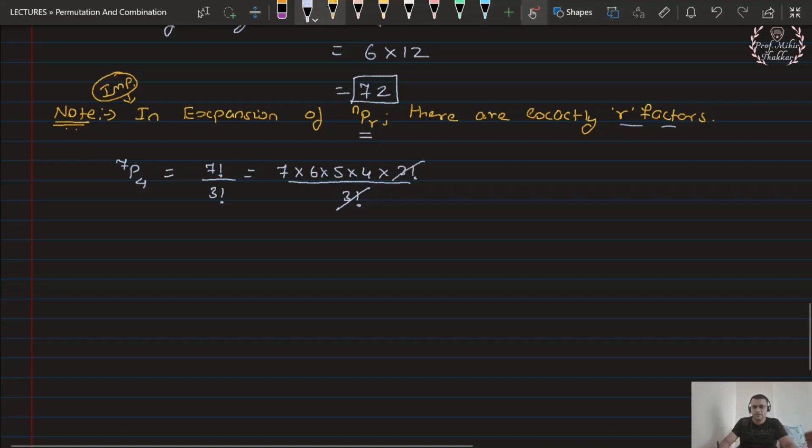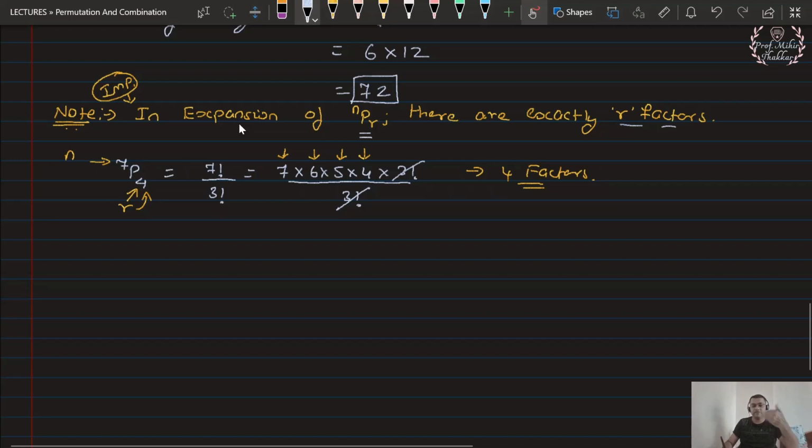Cancel this off. So if you observe, I am having 4 elements left over here, 7, 6, 5 and 4. So these 4 elements are actually called the 4 factors. If you remember, the upper value is n and the lower value is r. So because r is 4, therefore I have got 4 factors over here.